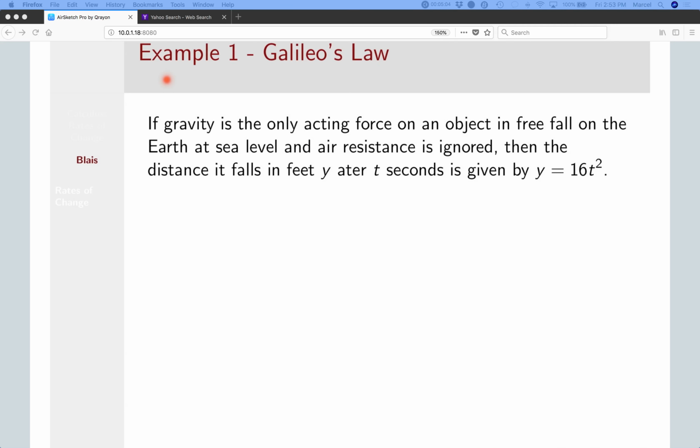Another example is that of Galileo's law, and this is something many of you will have seen in physics class. But if we have gravity as the only acting force on an object in free fall at sea level on Earth, and we ignore air resistance, then the distance it falls in feet, y, after t seconds is given by y equals 16t squared.